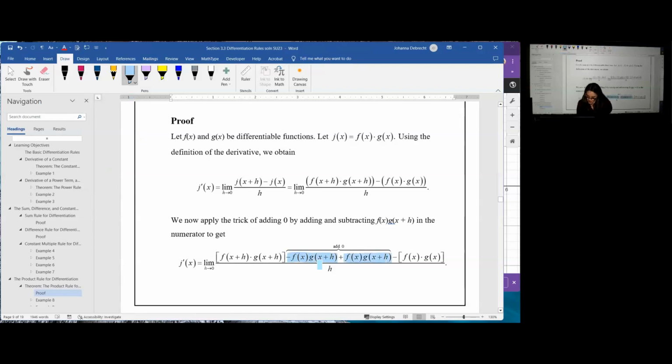And since we're subtracting it and adding it, we're actually adding nothing to the definition of the derivative. Now we regroup. We're going to group these first two sets together, and we're going to factor out the common g of x plus h. And we're going to group the second two sets together and factor out the common f of x.